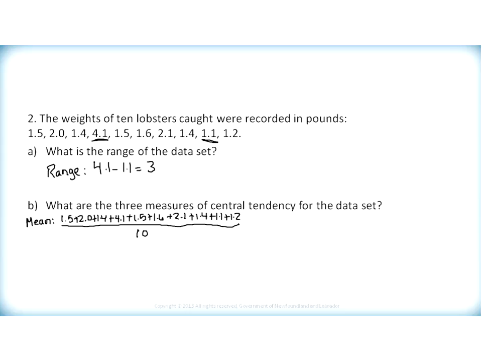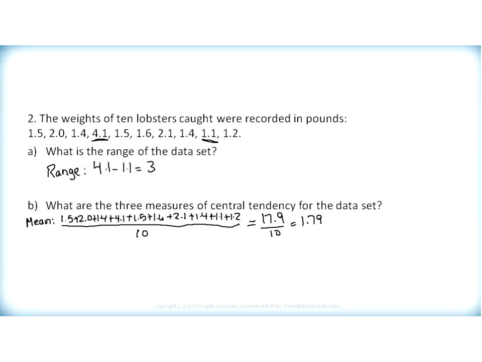So that for me works out to 17.9 divided by 10, which is 1.79. So my mean value is 1.79. So the average is 1.79, in other words.